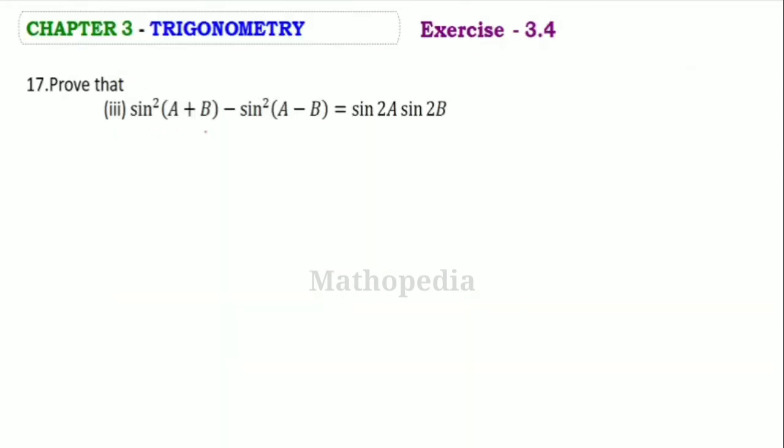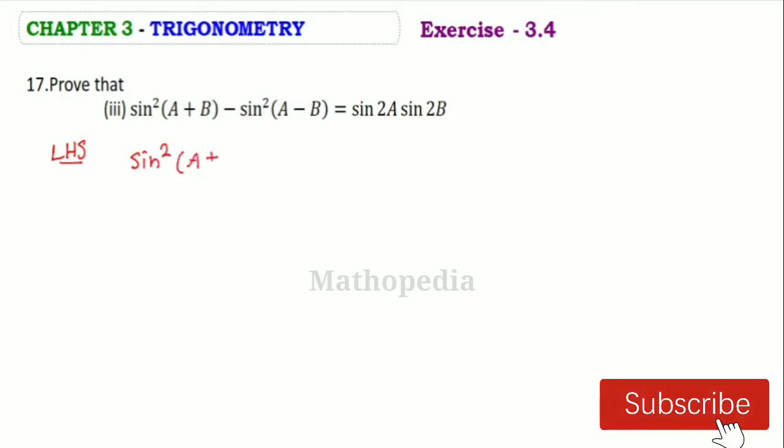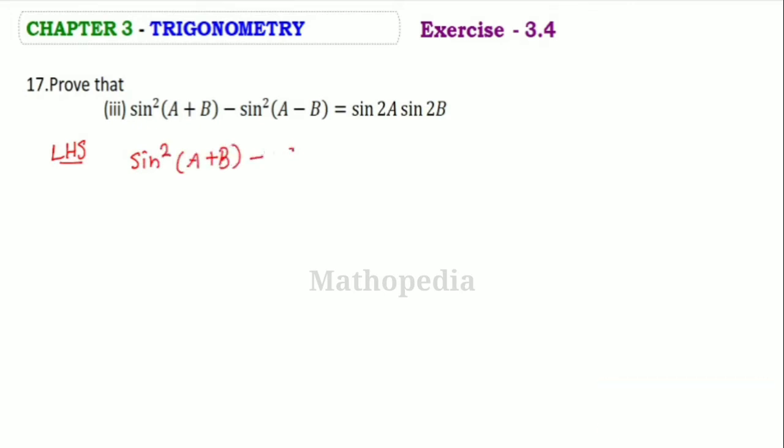Now let us prove the third subdivision. On the left hand side we have sin²(A+B) minus sin²(A−B).